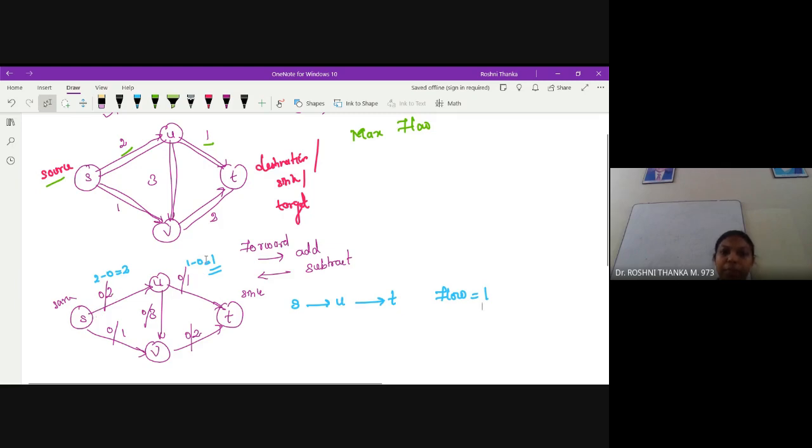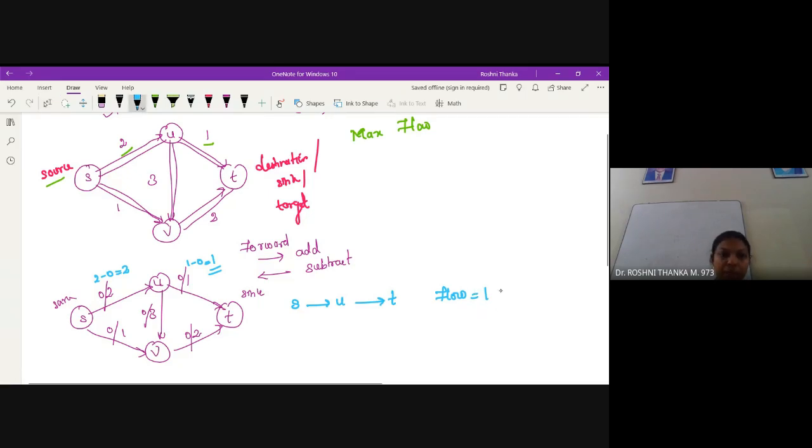So we have to take the minimum. Of 2 and 1, the minimum value is 1, so here we take the flow as 1. Through this path, we can send a volume of 1 data.